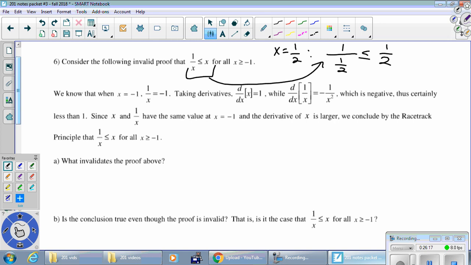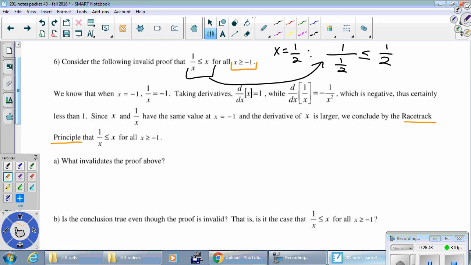So looking at the proof, you can read through it, pause the video here if you haven't read through it yet. But I will just point out that the problem here is that the racetrack principle means that we have a function which is differentiable on the entire open interval. And so the interval in this case is everybody bigger than or equal to -1.